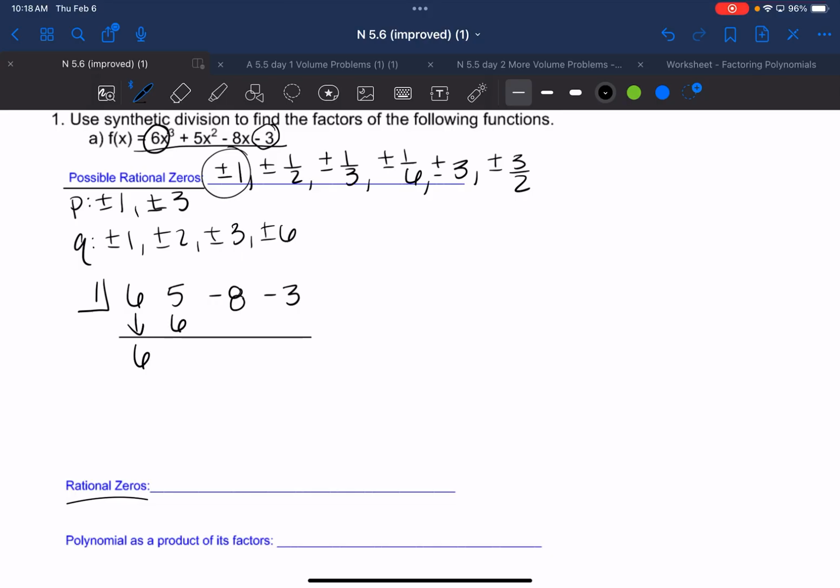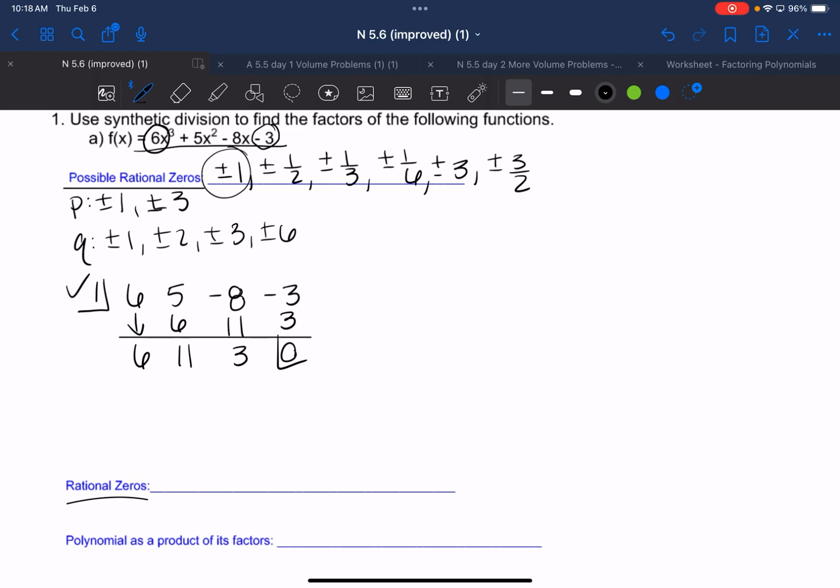What do I get when I add? 11. Then I multiply again, 11 times 1, and what do we get when we add? 3. And then I multiply 3 times 1, and what do we get when we add? 0. All right, so that means this one did work because we did get a remainder of 0, right? It went in as a factor. Perfect. Okay, so that's a good start.